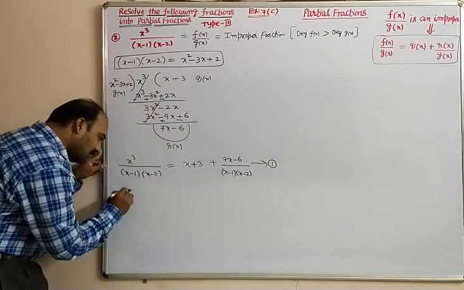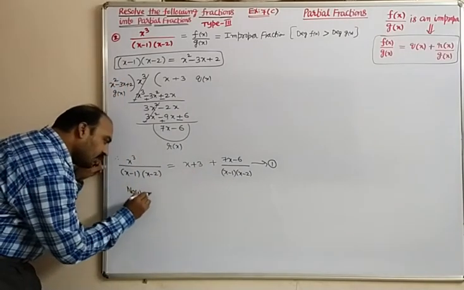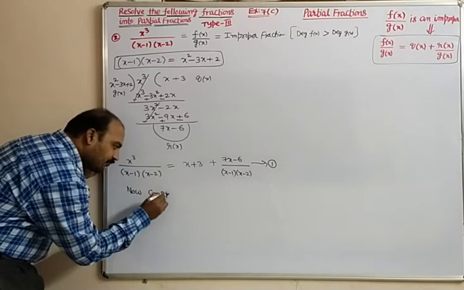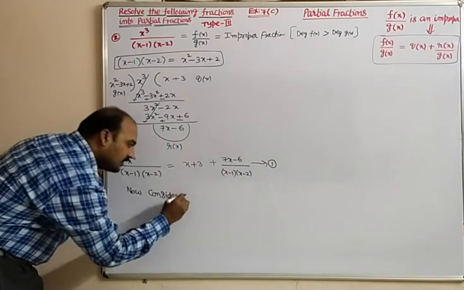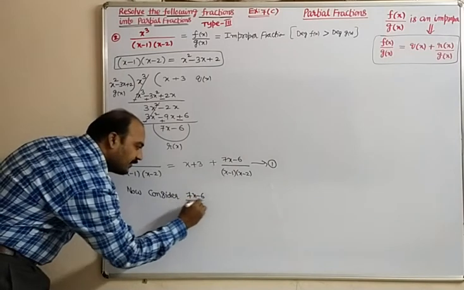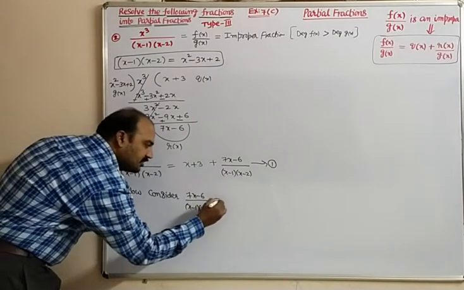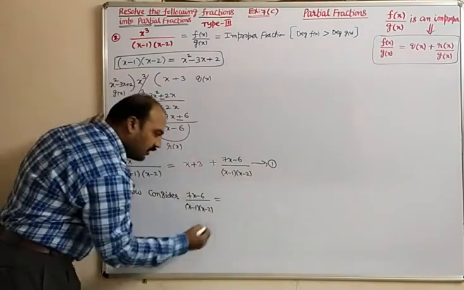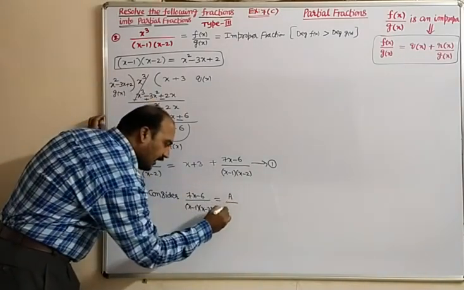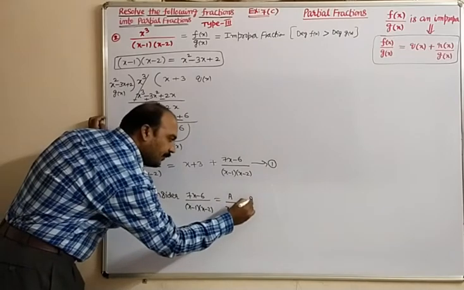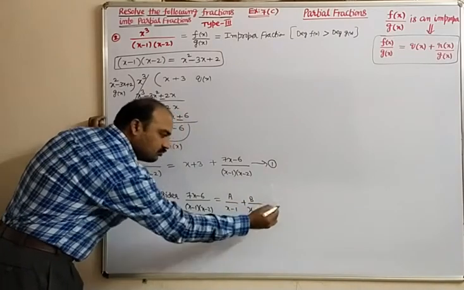Now consider (7x minus 6) divided by (x minus 1) into (x minus 2), which is equal to, we know how to resolve into partial fractions, capital A by x minus 1 plus capital B by x minus 2.